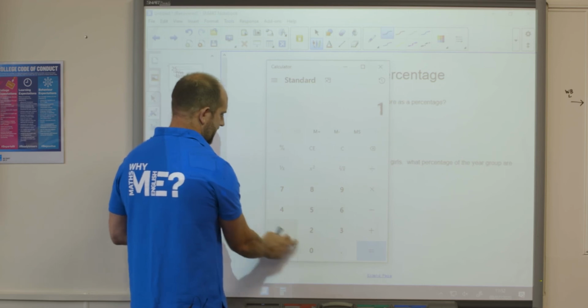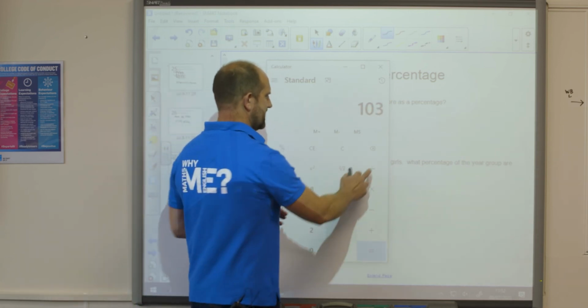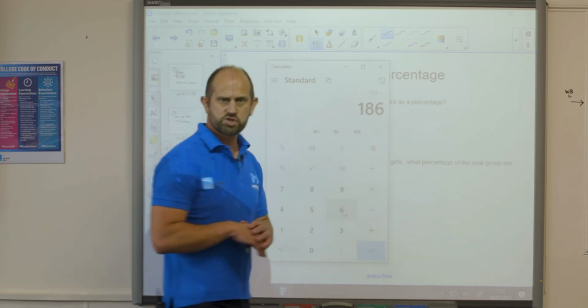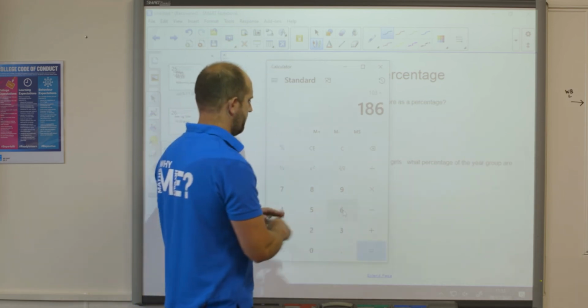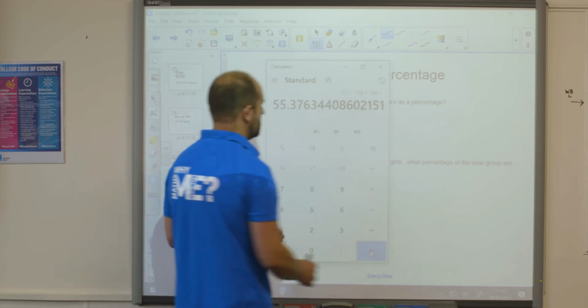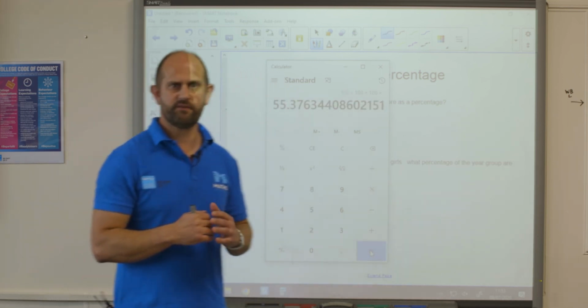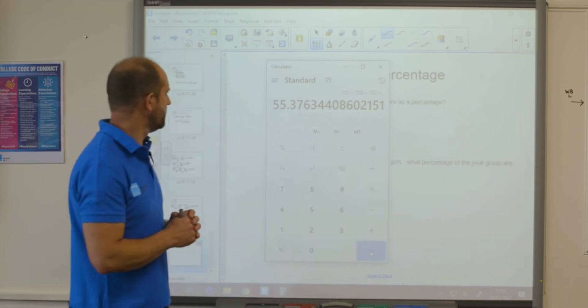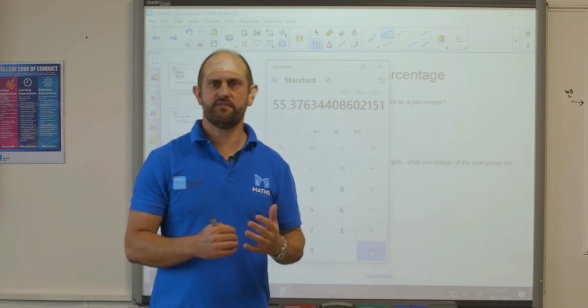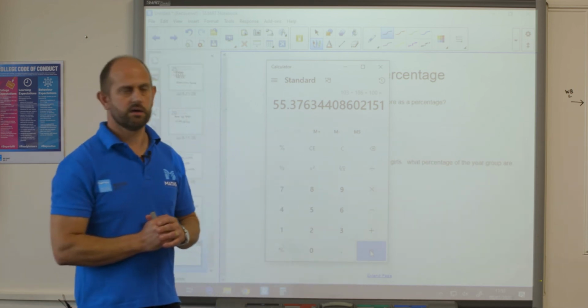So my sum then is the 103 girls divided by the 186 possible people in the year group. And we're going to multiply that by 100 to turn it into percentage. And we got 55.37. So as a percentage of the year group, 55% of them are girls.